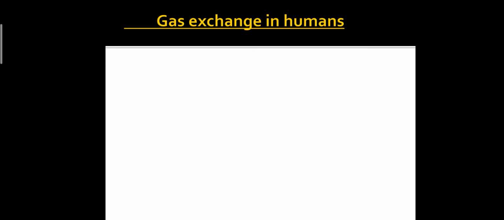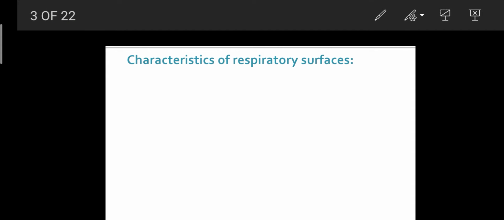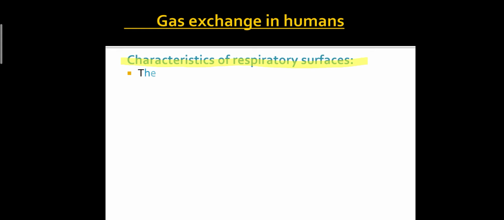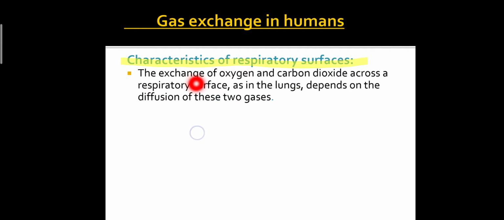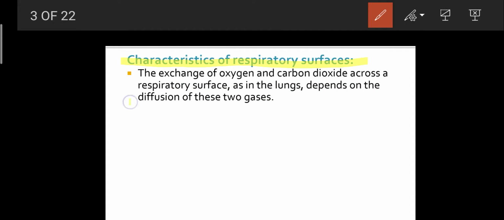Firstly, we will talk about gas exchange in humans. We will discuss the characteristics of respiratory surfaces. The exchange of oxygen and carbon dioxide across a respiratory surface, as in the lungs, depends on the diffusion of these two gases.